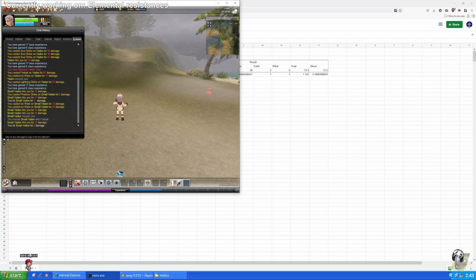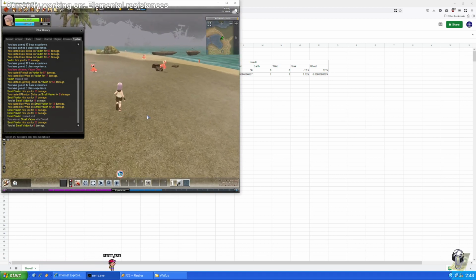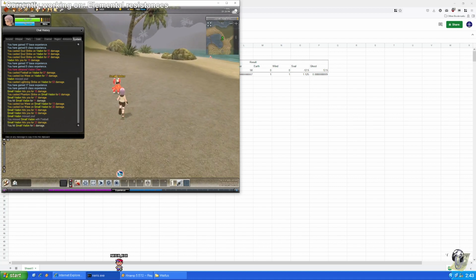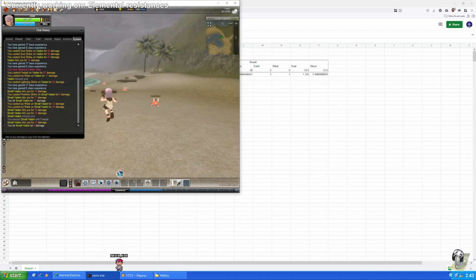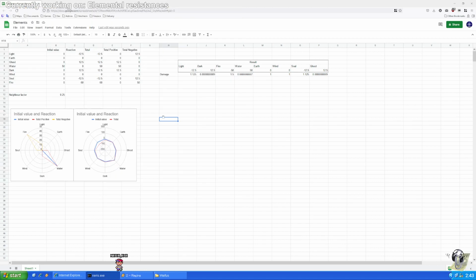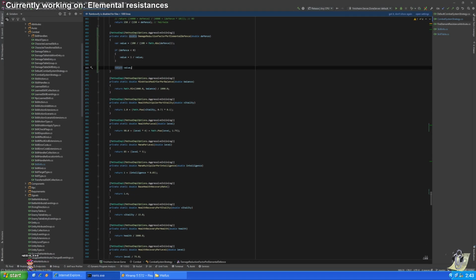Okay, looks good. Now I need to basically repeat the same for all the other monsters. Yeah, now having this table, I can do it much easier. And also this formula is much more fine-tuned.